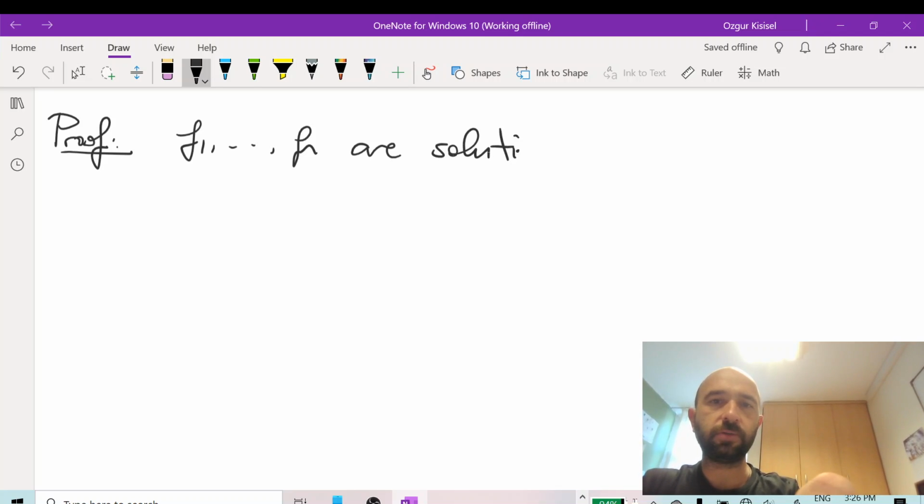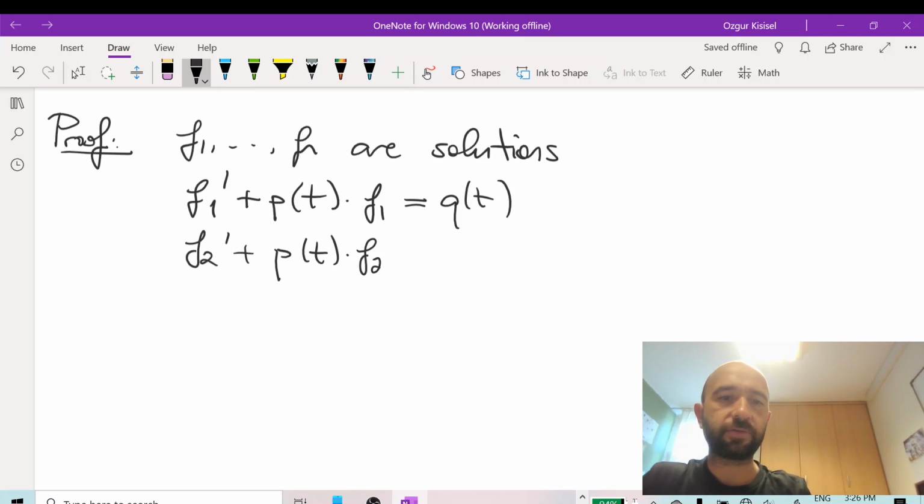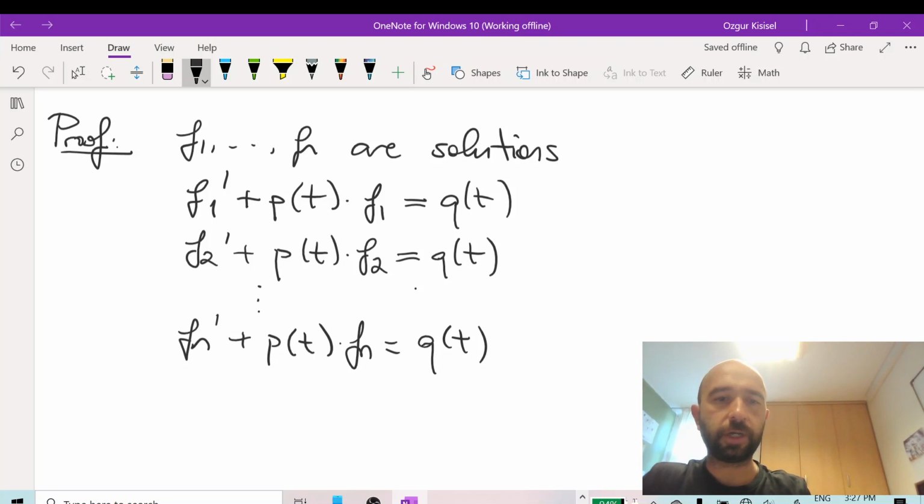This was an assumption, and the meaning of this assumption is that these equations should be correct. f1 prime plus p(t) times f1 must be equal to q(t). f2 prime plus p(t) times f2 is also equal to q(t). This goes on until the nth equation.